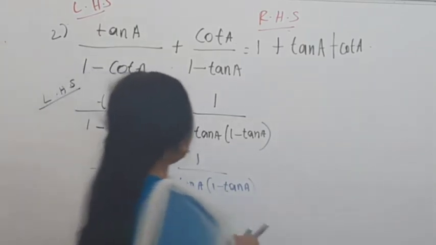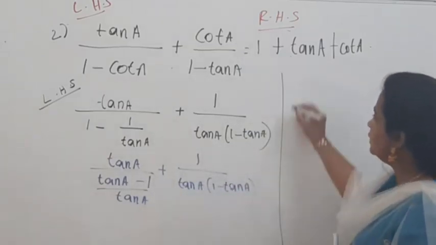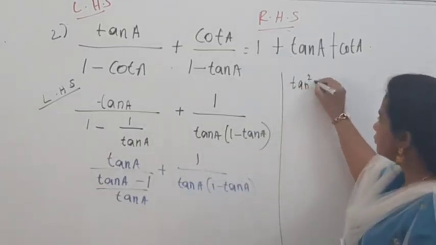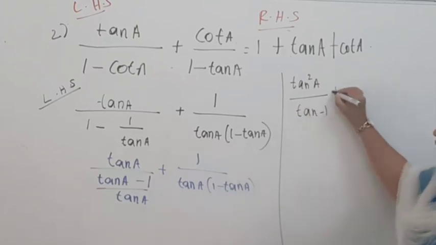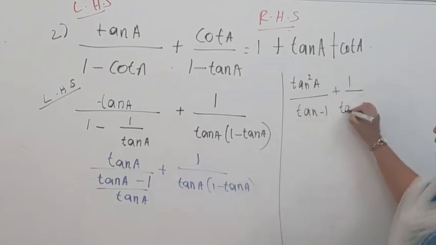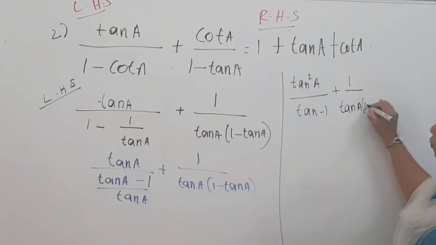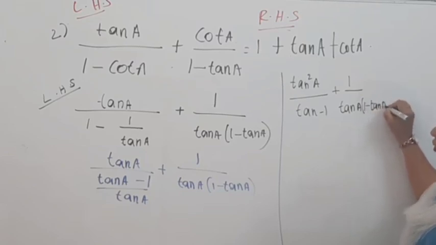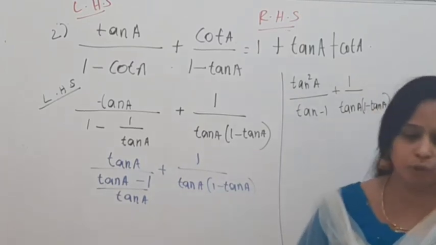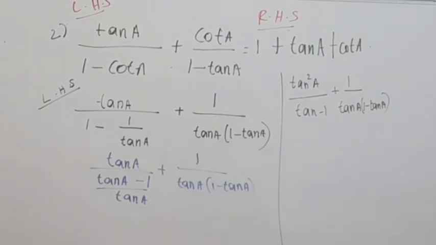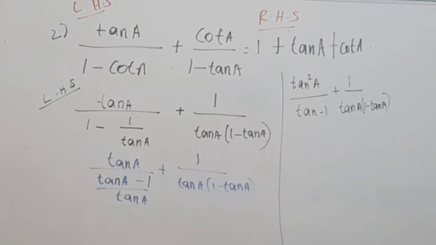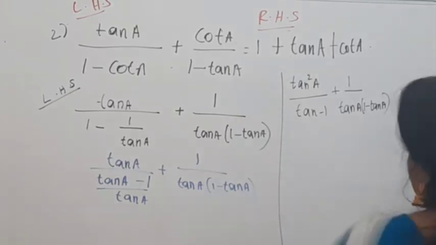So my ratio becomes tan square A by tan A minus 1, plus 1 by tan A into 1 minus tan A. Hope everyone understands this point. So I have not done anything. I just taken the numerator to the top and I have written the second term as it is.